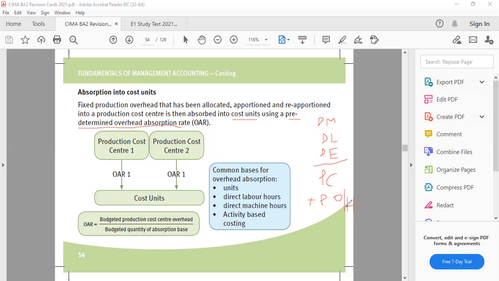For example, last year direct labor was 20,000 and factory overhead was 5,000. So a rate is calculated: when 20,000 was 100%, 5,000 is what percentage? That rate is called the predetermined overhead rate.